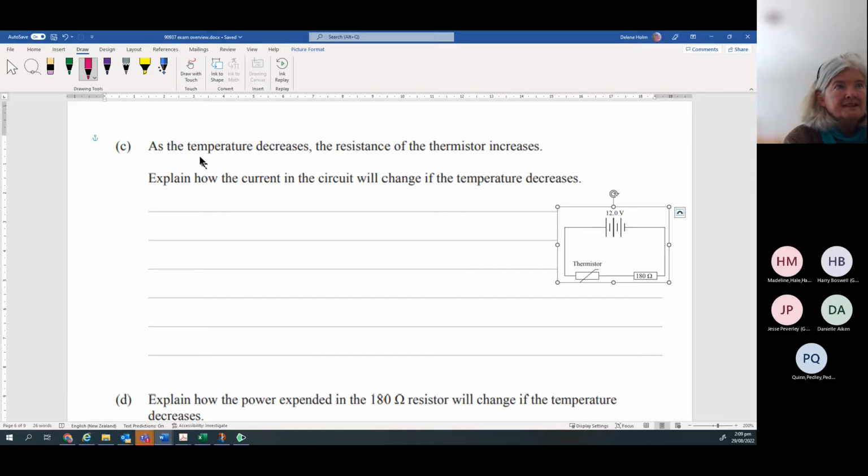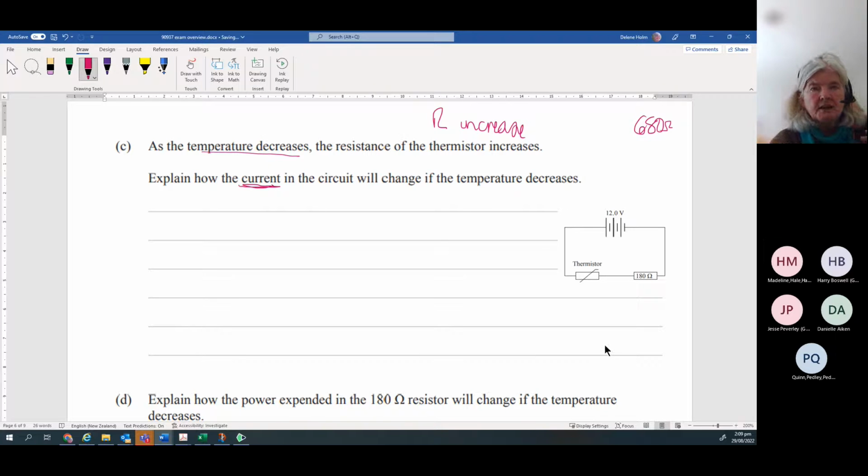Now we are told as the temperature decreases, the resistance increases, so R increases. We had worked out it was 680 ohm. Now it's going to go bigger than 680. So what will happen to the current if we now decrease?